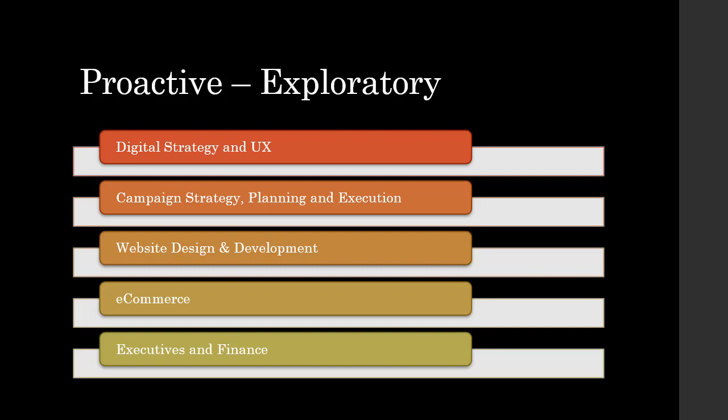In proactive analysis, you're not starting with a problem. You have an end goal in mind and you're exploring the data to find out how to achieve that end goal. Those are your KPIs, the business objectives that we talked about. So for your analysis, think about the user path.